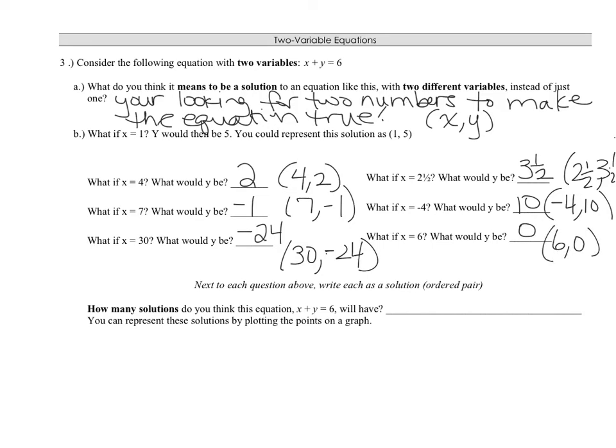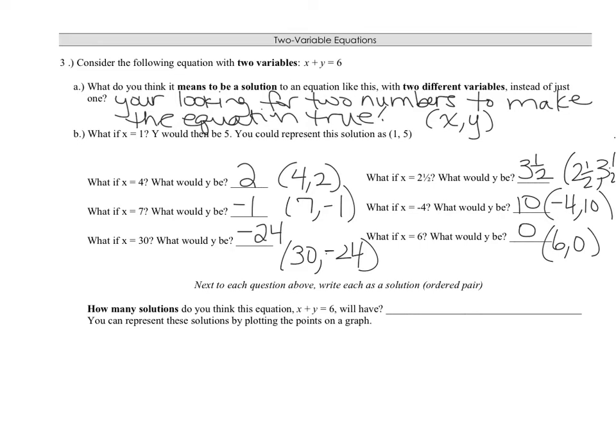All right, it's important that when you write ordered pairs they're separated by a comma and you put parentheses around them. So now if you think about it, if I ask you, how many solutions do you think will make this equation x plus y equals 6? Like how many of them will there be? Could I ever stop picking numbers for x and getting a value for y? Think about that. The answer is no, right?